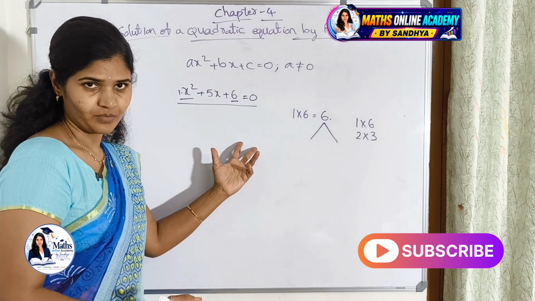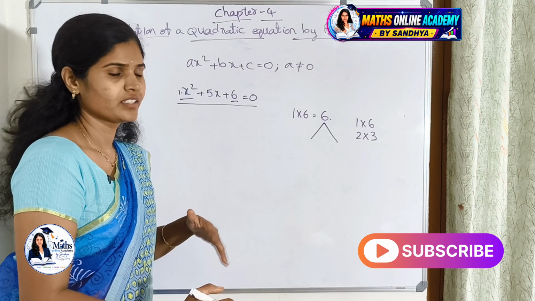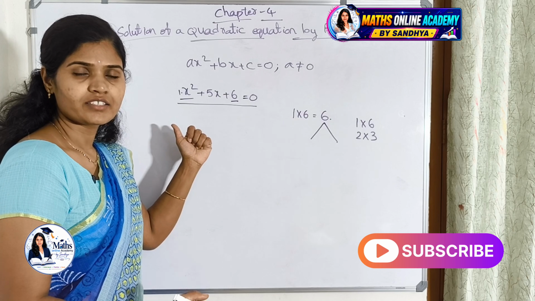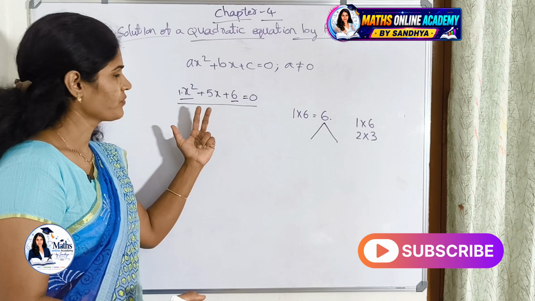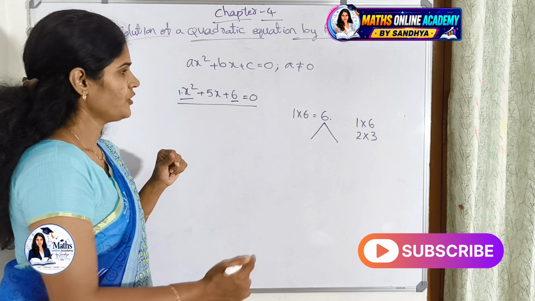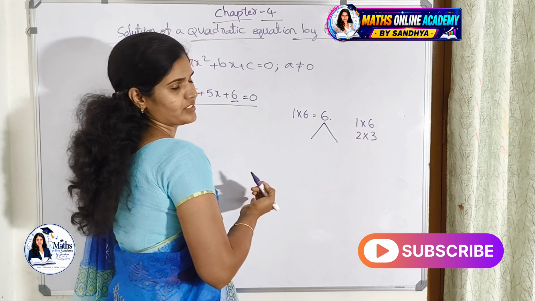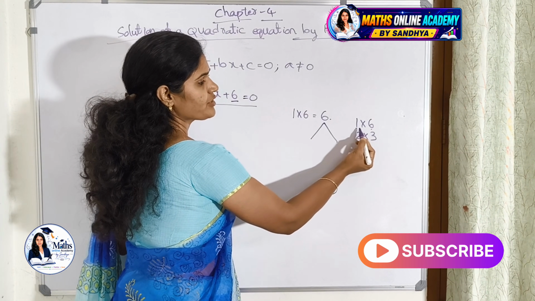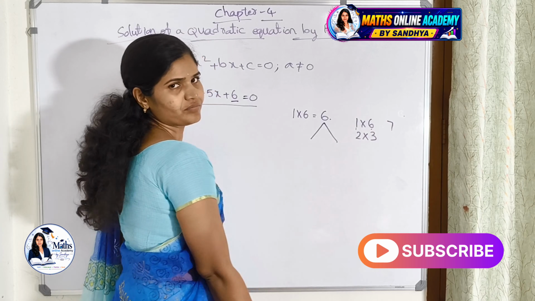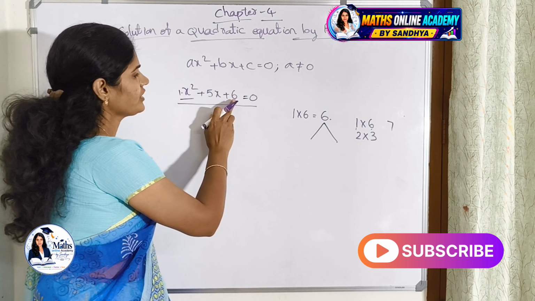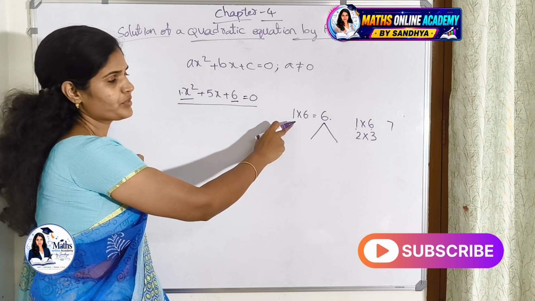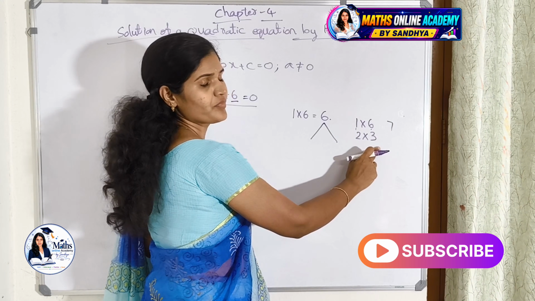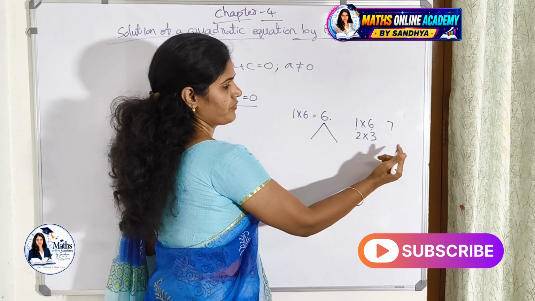And one more thing: after factorization, if you add the factors, you have to get the middle coefficient of x. Here 5x. If you take 1 and 6 and add them, you get 7. And moreover, here it is positive, so this is not possible. If you add 2 and 3, what do you get? 5.